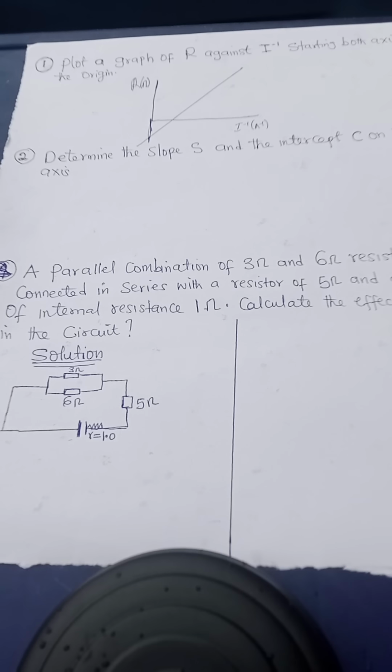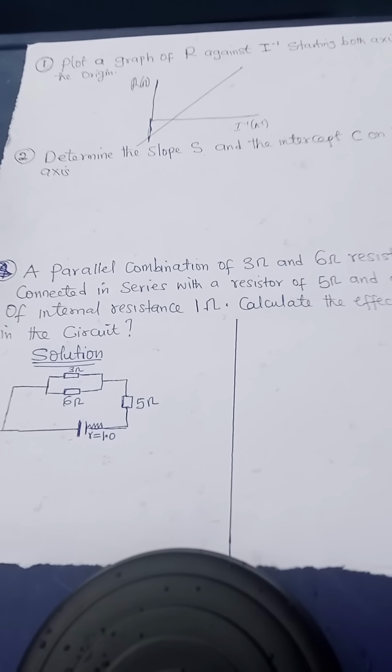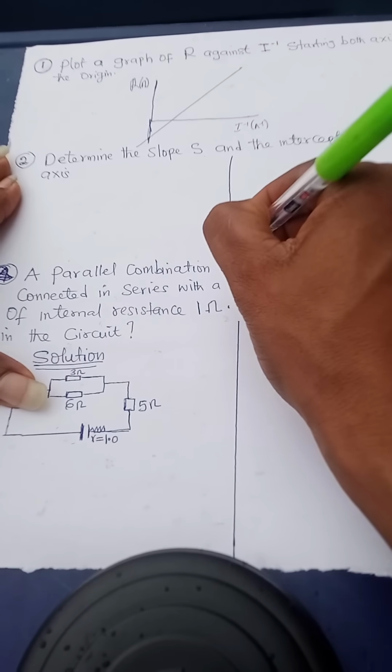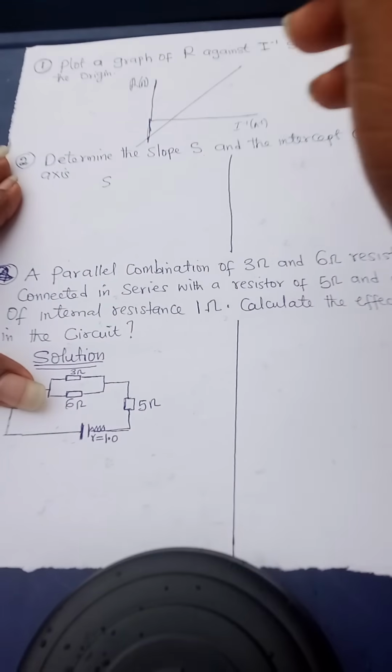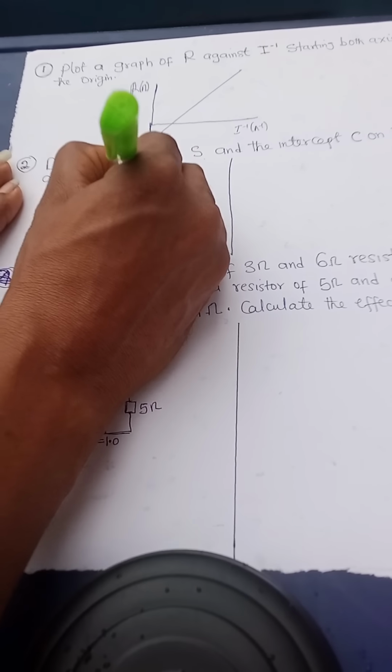Look at the next question. The next question says, determine the slope of the graph. Determine the slope x and the intercept c on the vertical axis. So for me to solve for the slope, I will just say solution.